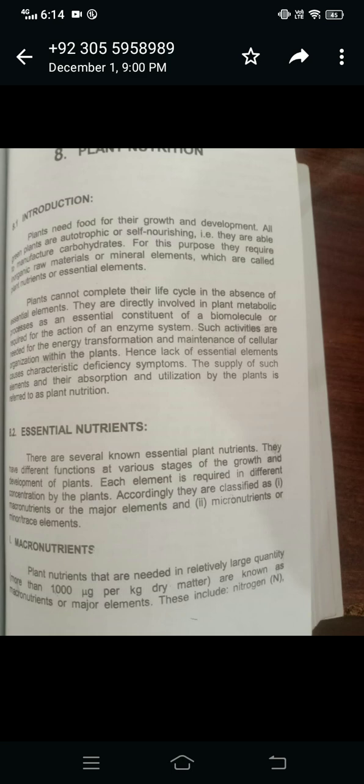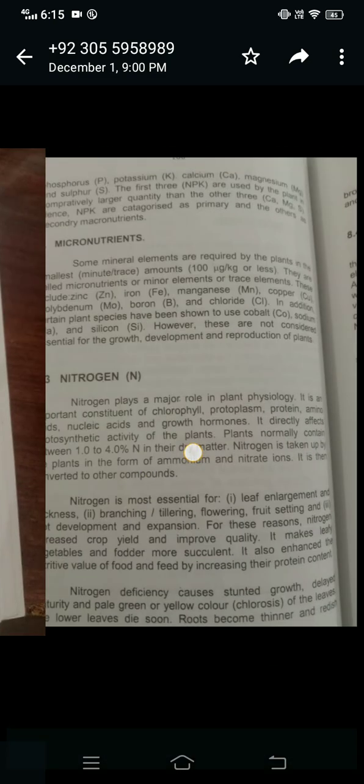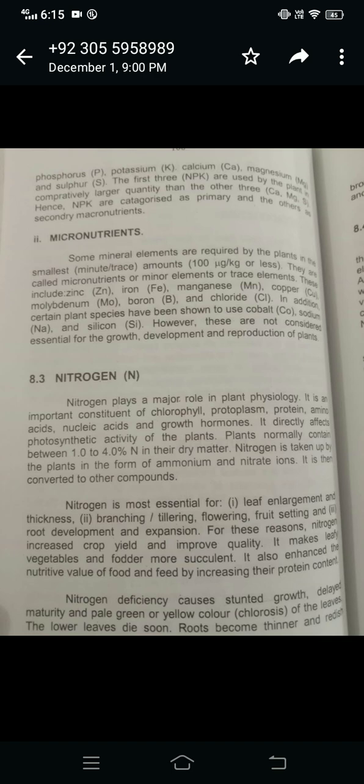Macronutrients. Plant nutrients needed in a relatively large quantity, more than 1000 micrograms per kilogram of dry matter, are known as macronutrients or major elements. These include nitrogen, phosphorus, potassium, calcium, magnesium and sulfur.